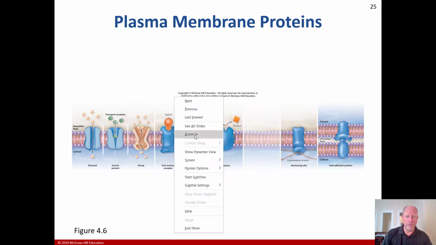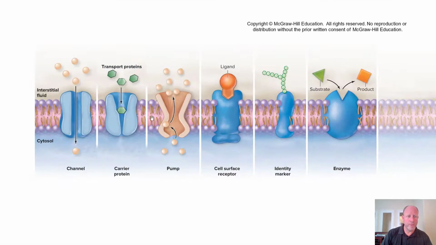And here we can see the plasma membrane proteins, the various types. You have the channel, showing the interstitial fluid outside the cell and the cytosol inside the cell. Typically in a channel, movement goes from the external cellular fluid to the internal cellular fluid. Transport proteins: something gets carried across by a carrier protein.